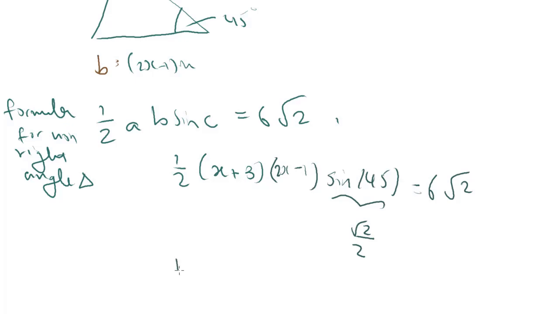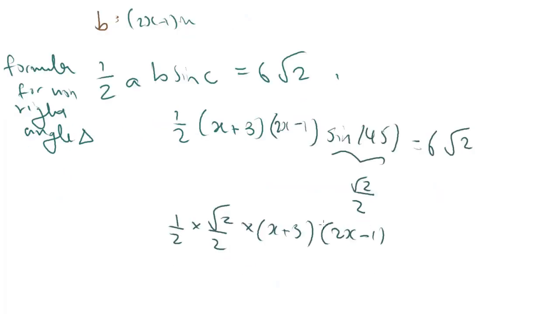So we have half, and then we can multiply this here, multiplied by x plus 3, multiplied by 2x minus 1, 6 square root 2. This cancels with that. We get 4 here.